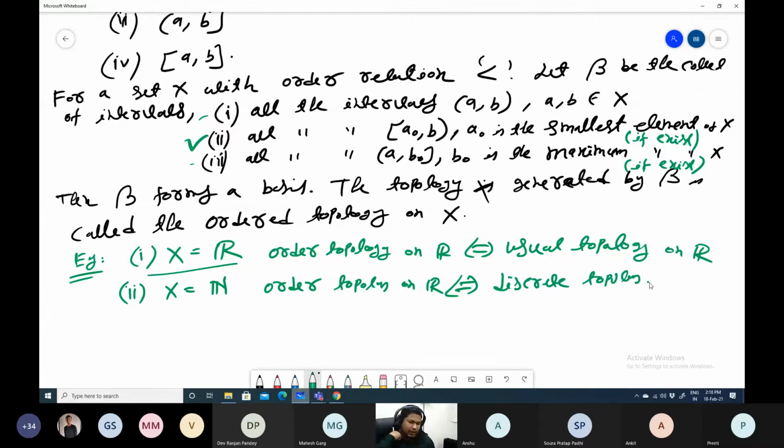Okay. Now tell me why singleton 2 is open. Why is singleton 2 open? Because 1, 3 is an open interval. So 2 means actually when my X is N, then {2} is my open interval (1, 3). And why is 1 open?